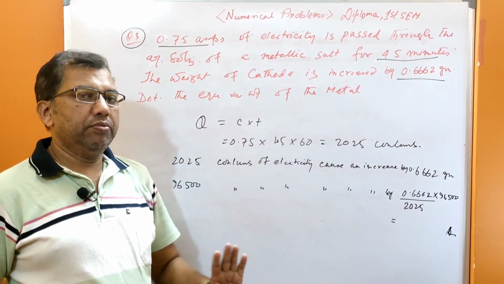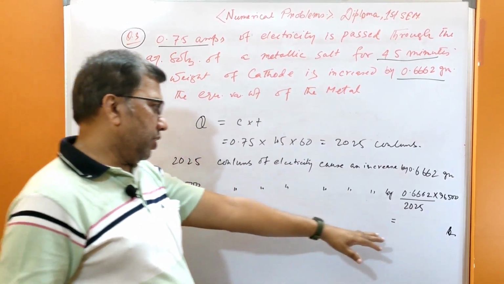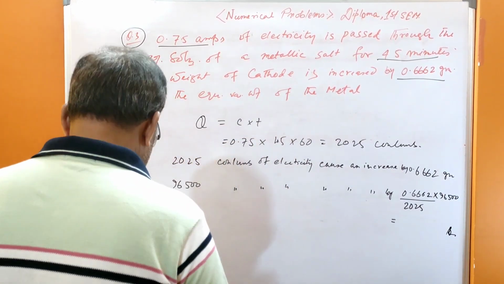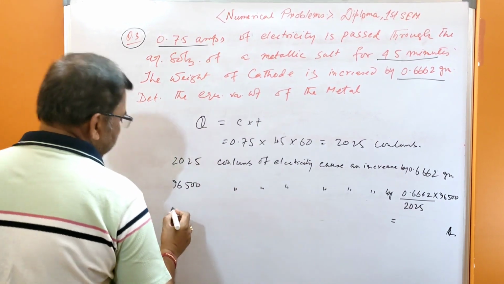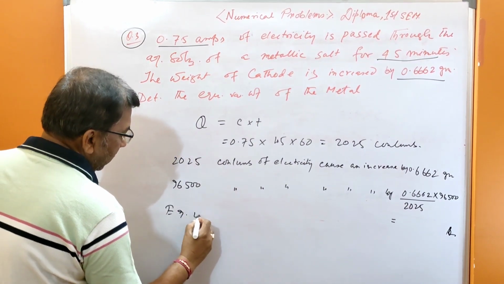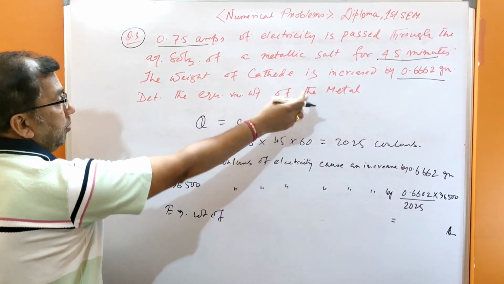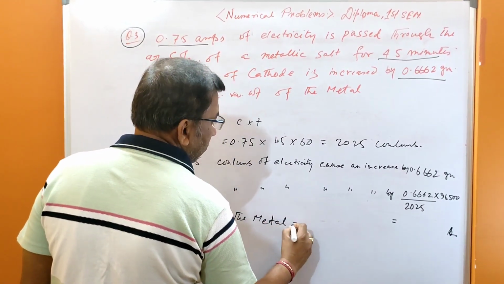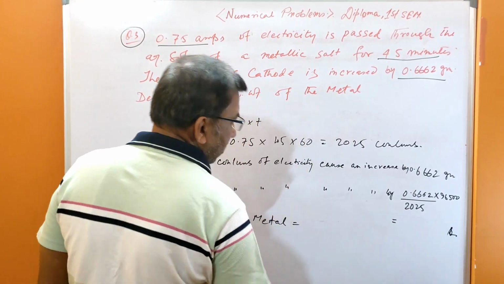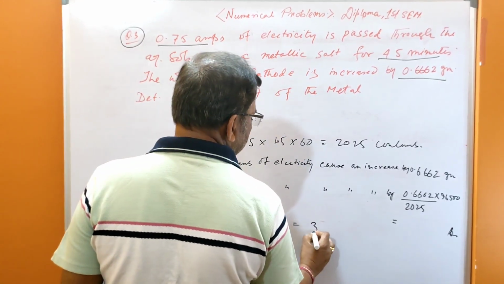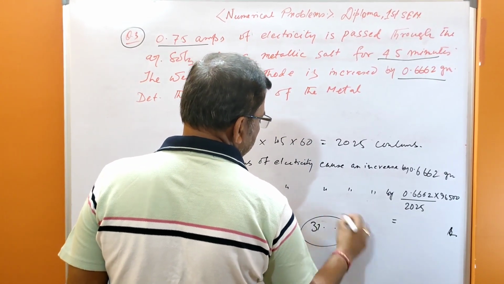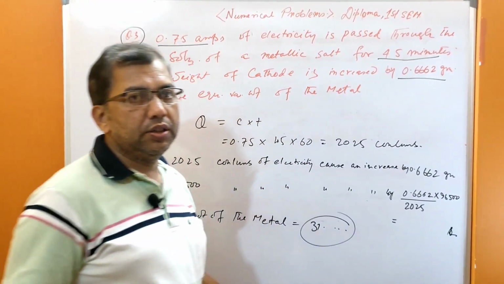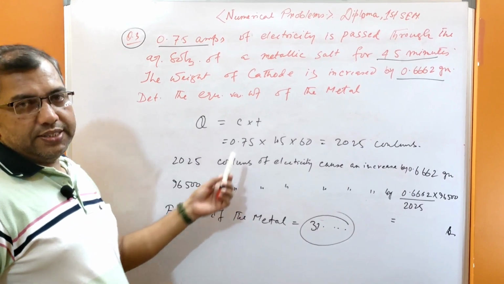Whatever the calculation is, you have to do it yourselves, and that will be the equivalent weight of the metal, most probably 31 point something. Okay, this is the equivalent weight. Clear?